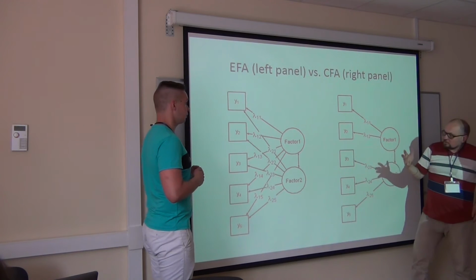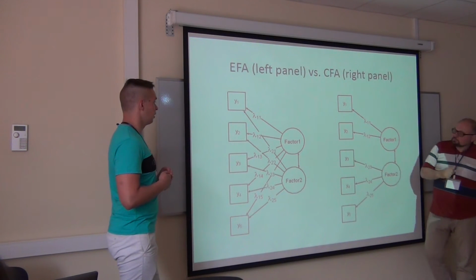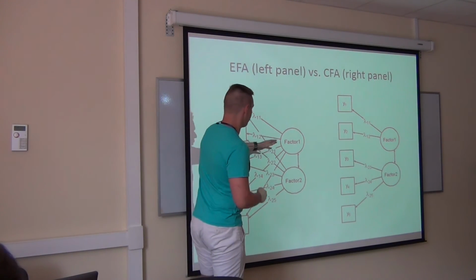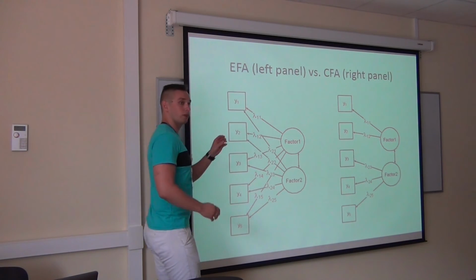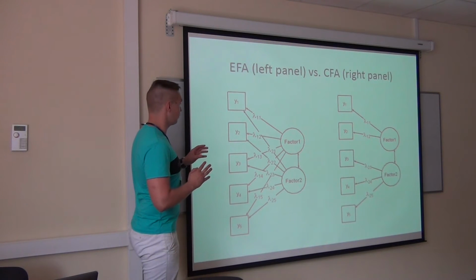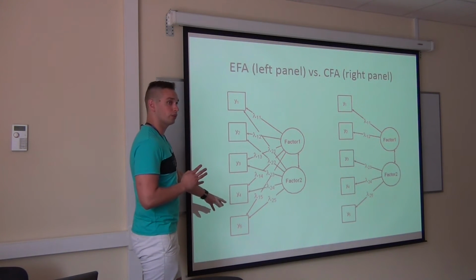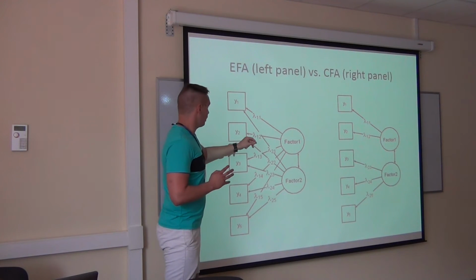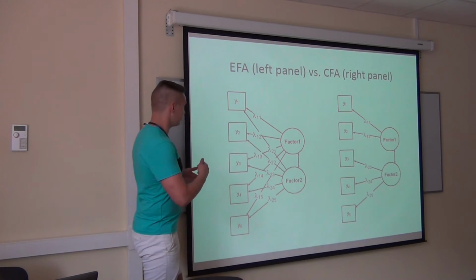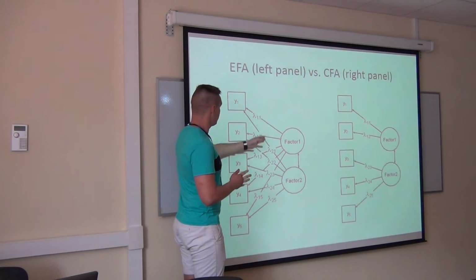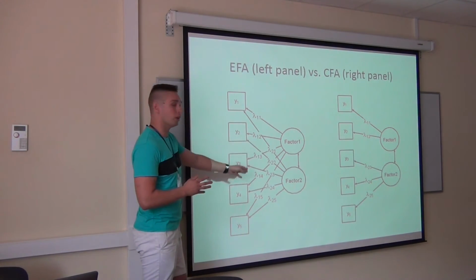Okay, but then can you explain eigenvalue here? For example, factor 1 has 5 arrows directed to certain indicators, and thus it has 5 meaningful factor loadings, lambda 1,1, 1,2, and so on.